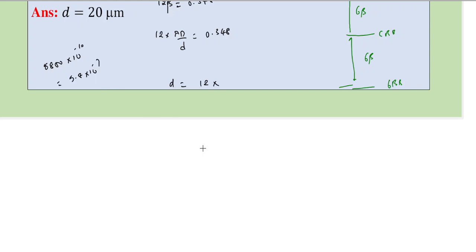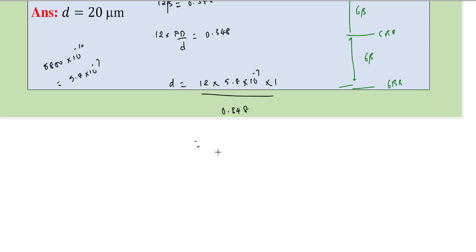You can write this as 5.8 into 10 power minus 7 into 1 by 0.348.